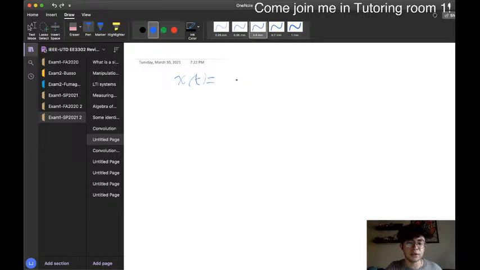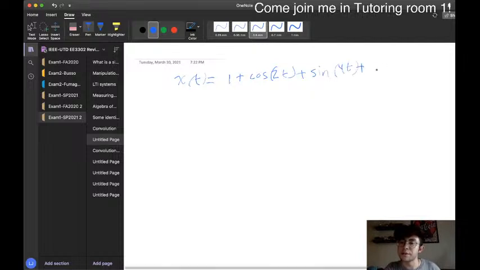So let's say we have x of t, and this is going to be just say 1 plus cosine of 2t plus sine 4t plus e to the j 6t, a complex exponential.